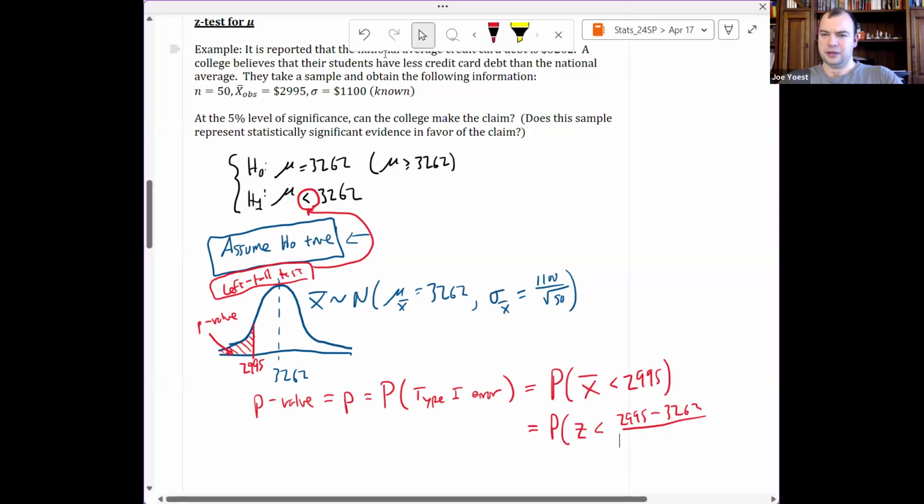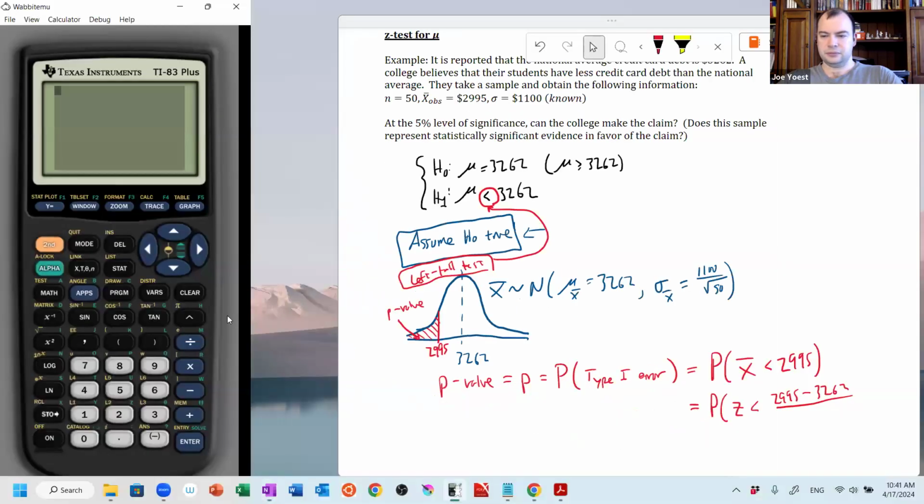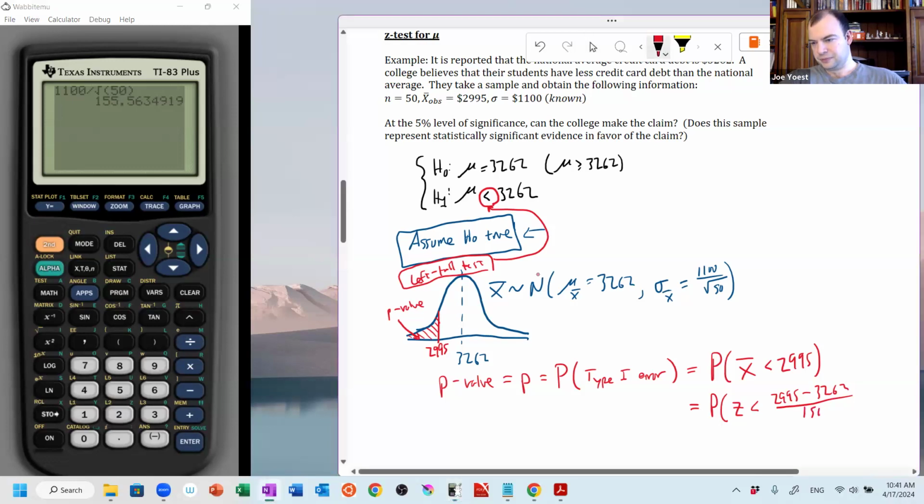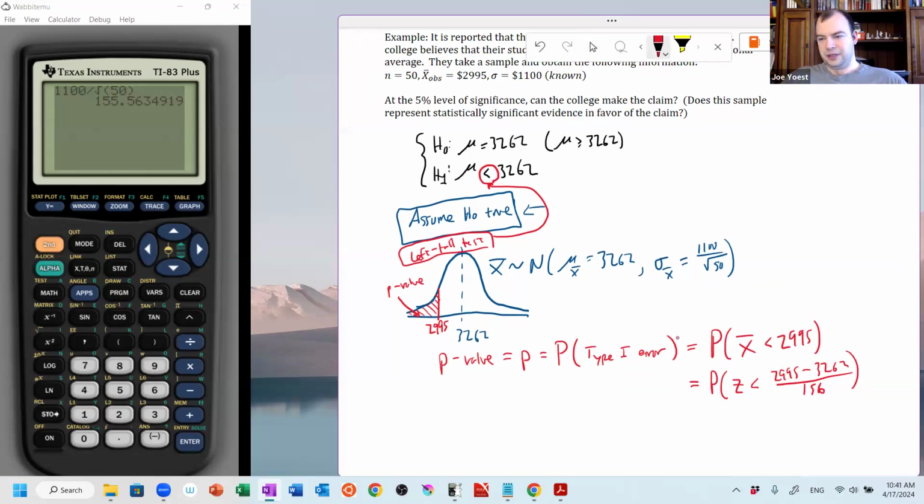And let me get my calculator on screen. So 1100 over root 50, or about 156. So this is the probability Z is less than, let's see what this turns out to be, negative 1.71.